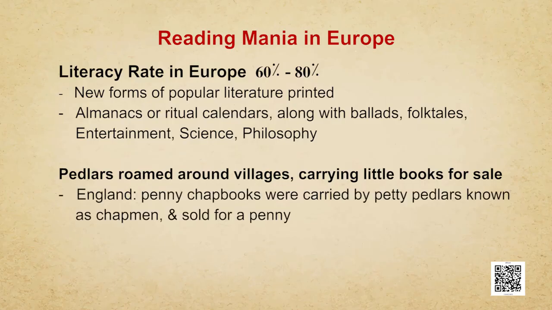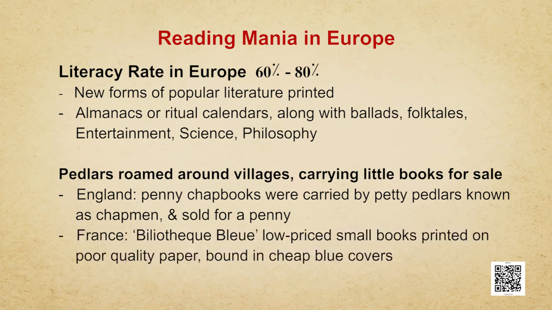If we talk of England, then penny chapbooks were carried by petty peddlers known as chapmen and sold for a penny. If we talk of France, Bibliothèque Bleue was a very low priced small book. It was printed on very poor quality paper, bound in cheap blue covers.